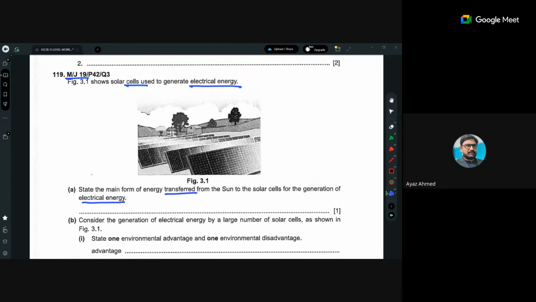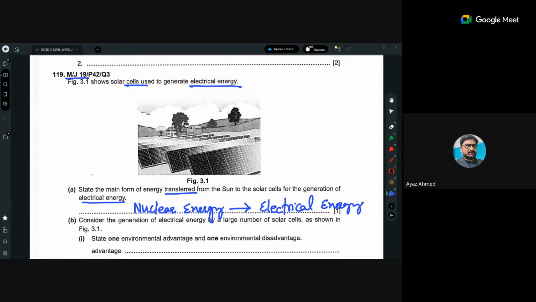That is nuclear energy in the sun, converted into electrical energy.